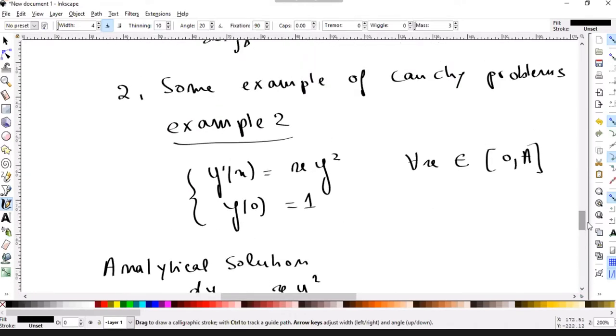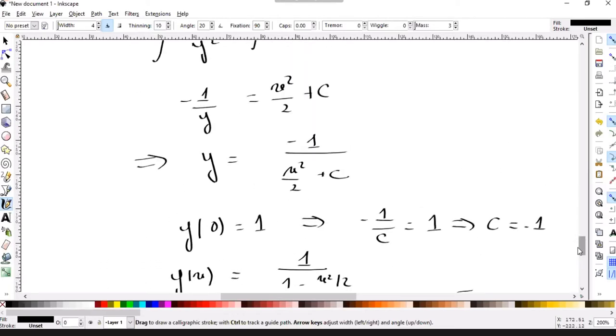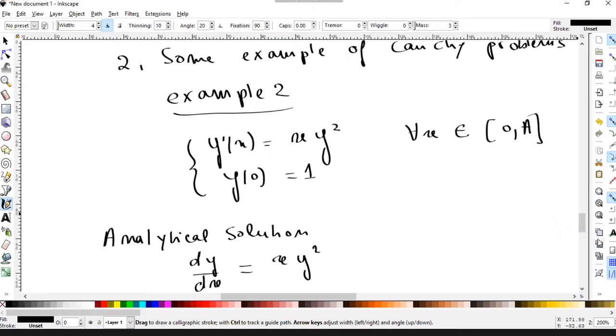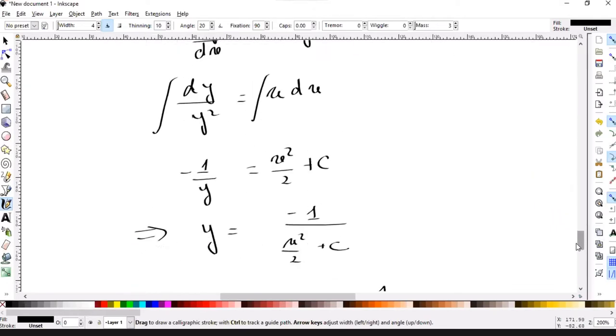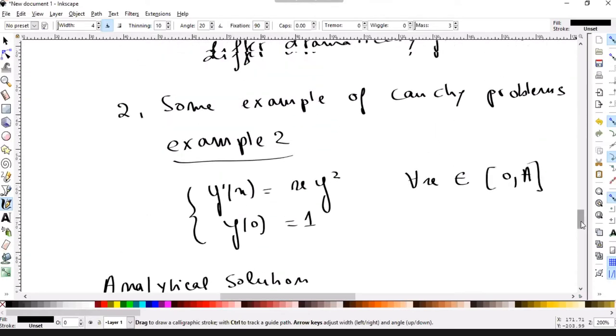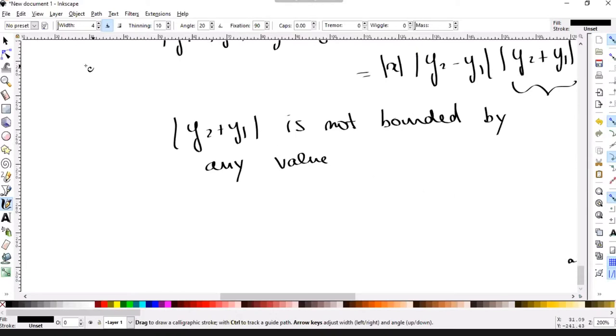Now, if you solve for x between 0 and 1, where it's before the square root of 2, then it should be okay to use the numerical method.